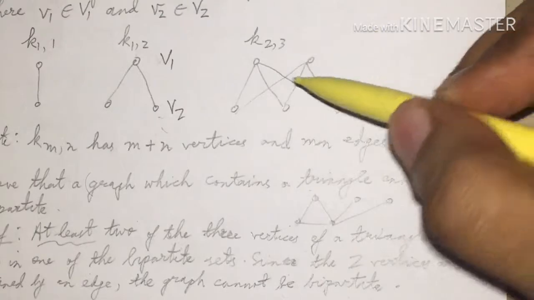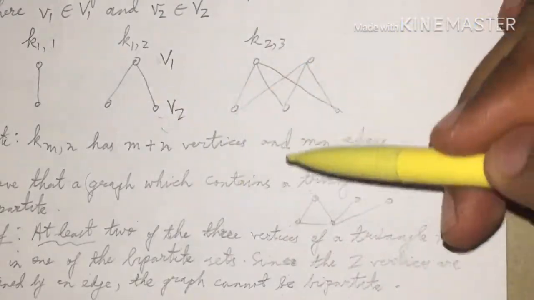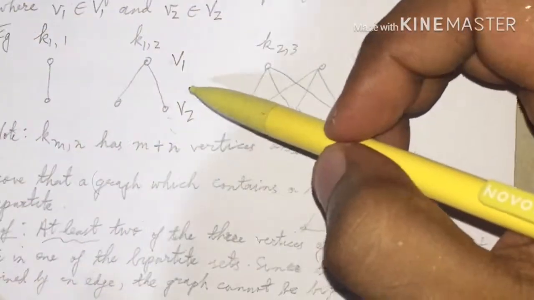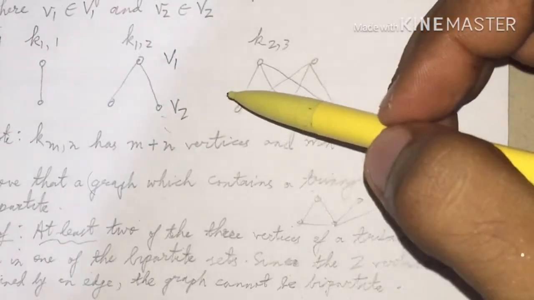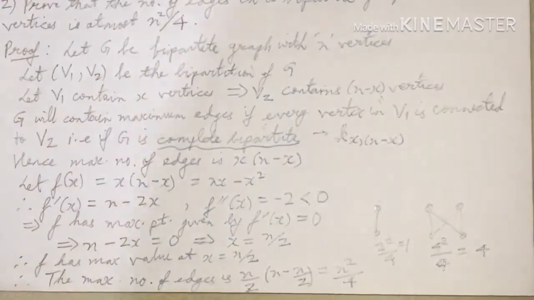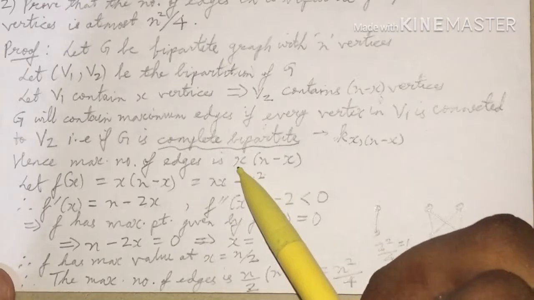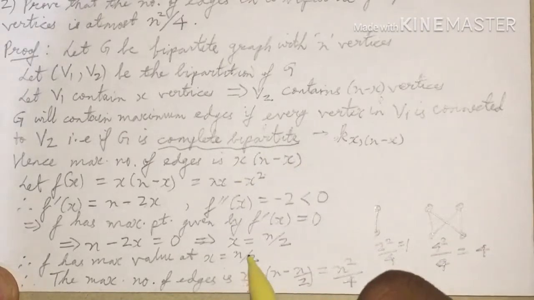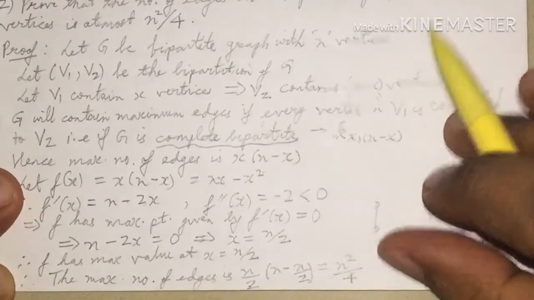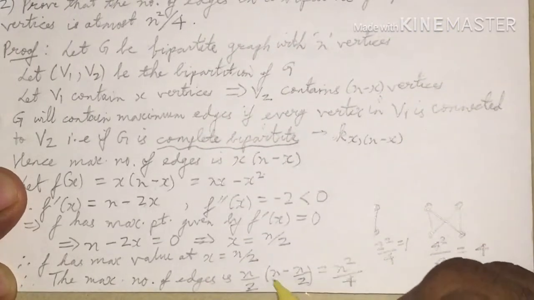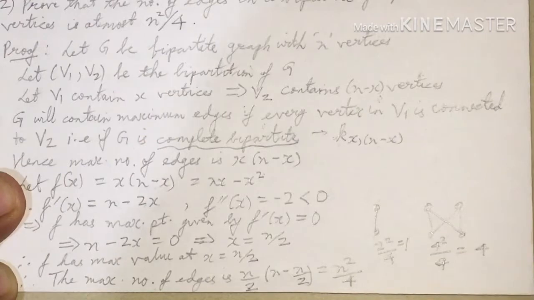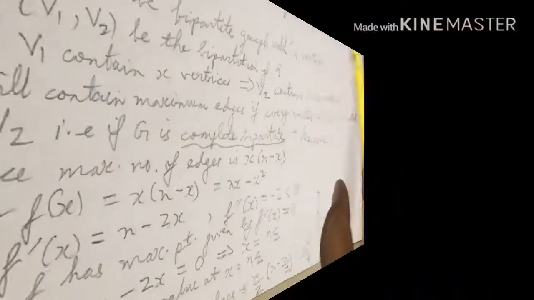What this means is it can be at most 9 by 4. It need not be exactly 9 by 4. Therefore, the maximum number of edges is x into n minus x, x being n by 2, so n by 2 into n minus n by 2. This is nothing but n by 2 into n by 2, which is n square by 4. Hence the theorem is verified.